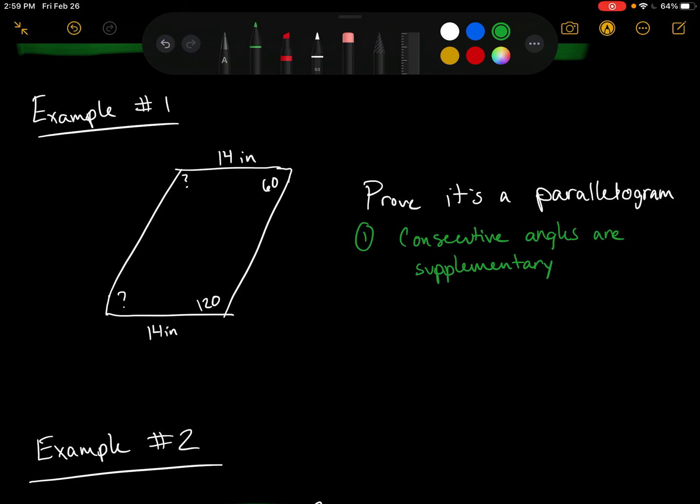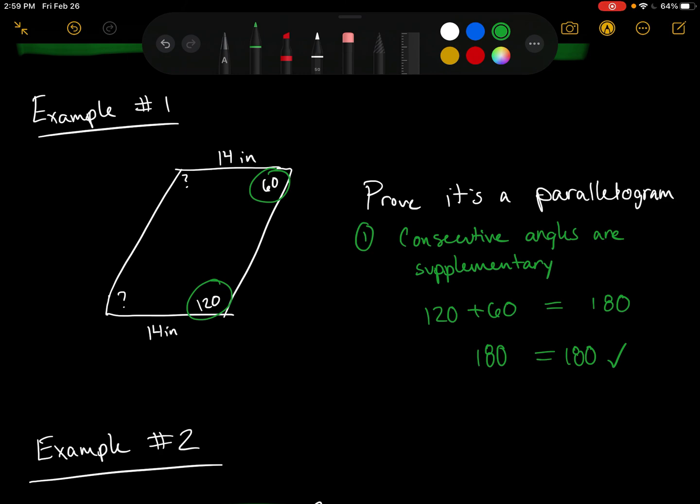So here, what this one is telling us is that 120 and 60, they're next to each other, so they're consecutive, so they have to equal 180. Well, is that true in this case? It looks like 180 does, in fact, equal 180. So that is one way that we are able to go through and prove this.